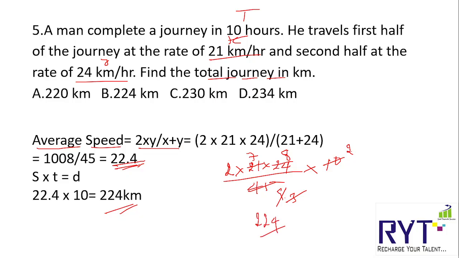You can do this way as well. 224 kilometers. All I did was I just wrote down 2xy by x plus y into time 10. I directly cancelled. So if you want to cancel this way, you can do this way, or you want to calculate everything here and finally multiply with 10, that is also fine. It's up to your convenience.